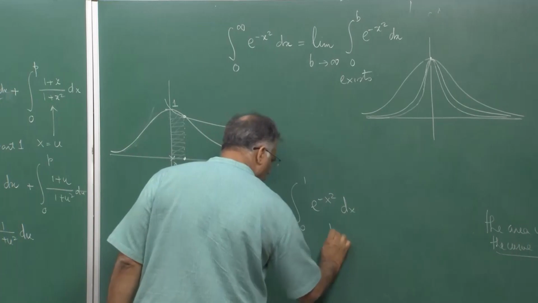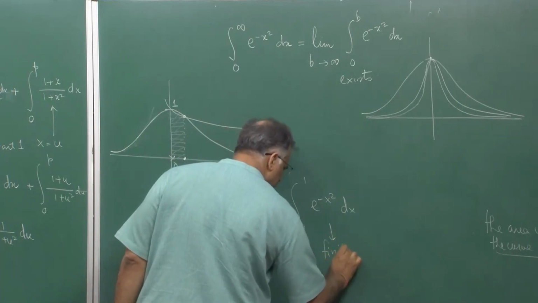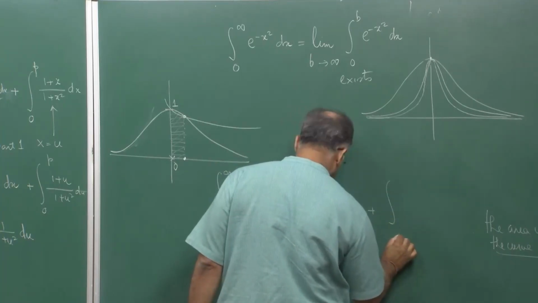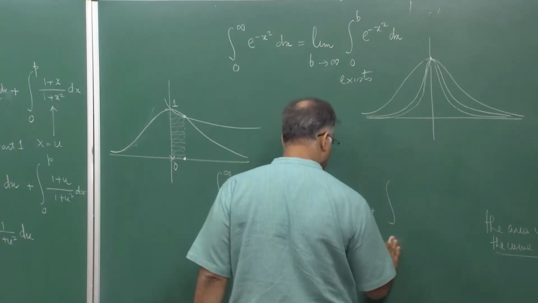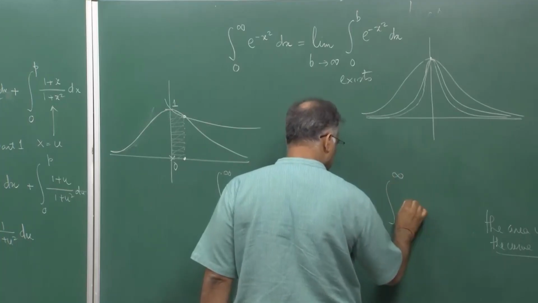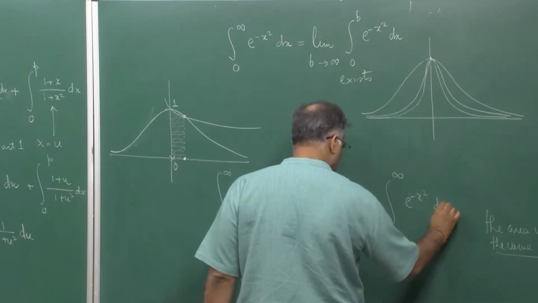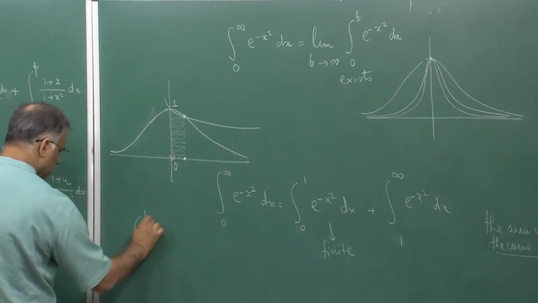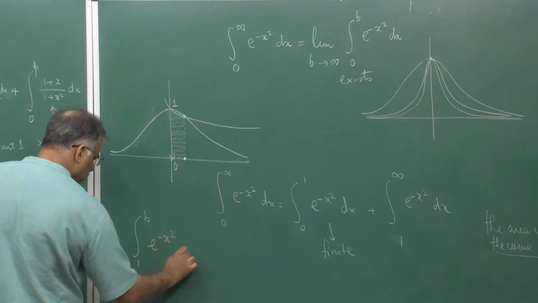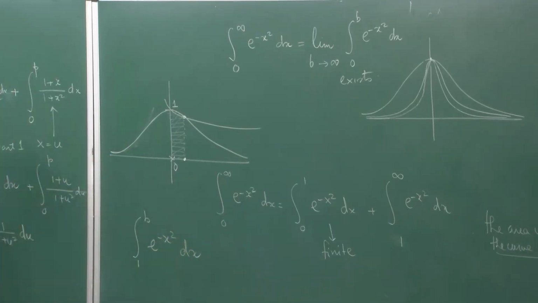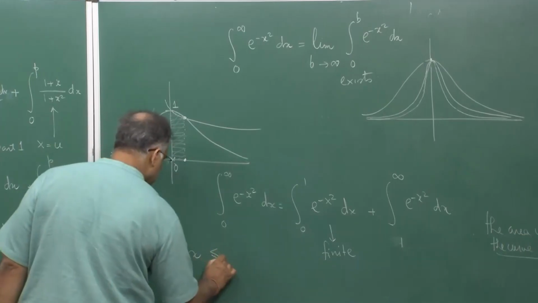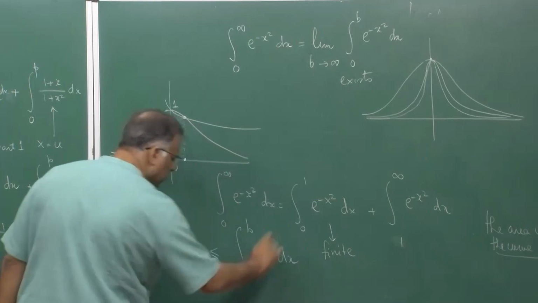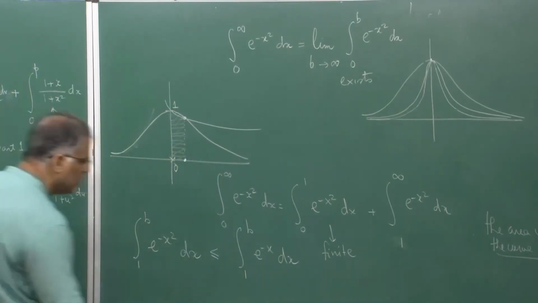So, this I already know as finite, plus I will look into this. Now let me look into this integration. You again know from the graph that this is nothing but, so what is this?